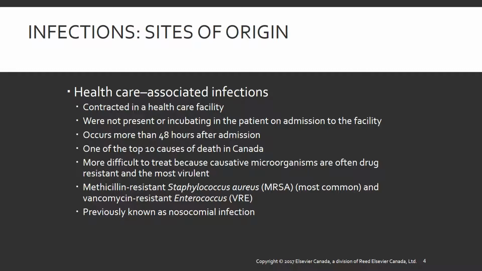Some examples include MRSA or methicillin-resistant Staphylococcus aureus, which is a normal part of the microbiota of the skin and many other parts of the body. But this specific strain is resistant to a very specific type of antimicrobial agent. And of course, then we have our vancomycin-resistant enterococcus, so that's our VRE. These are previously known as nosocomials, but you'll still hear them referred to that way.